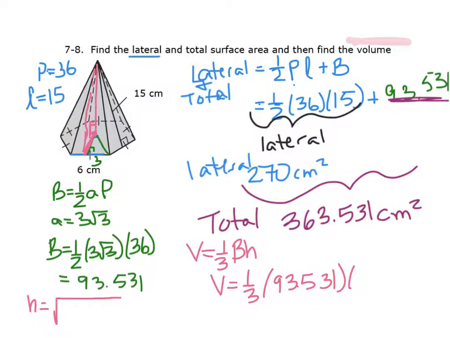This piece here is the slant height, which is also the hypotenuse, so that's 15 squared, and we're going to subtract the leg, which is what we had for our apothem, 3 square root of 3, that quantity squared.